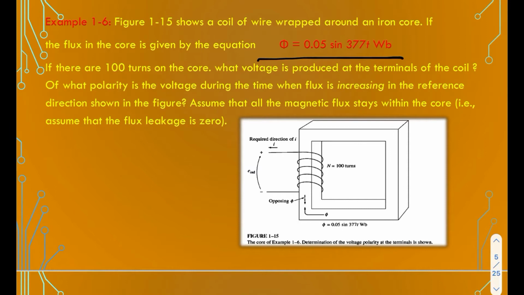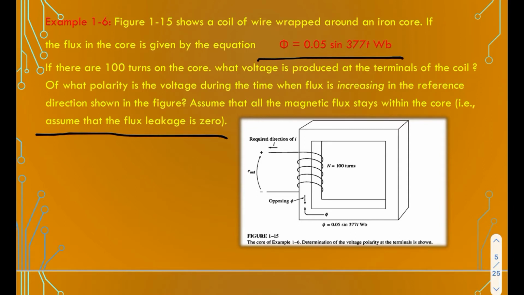Of what polarity is the voltage during the time when the flux is increasing in the reference direction shown in the figure? Assume that all the magnetic flux stays within the core, meaning the flux leakage is 0. We don't have any leakage for the flux here.